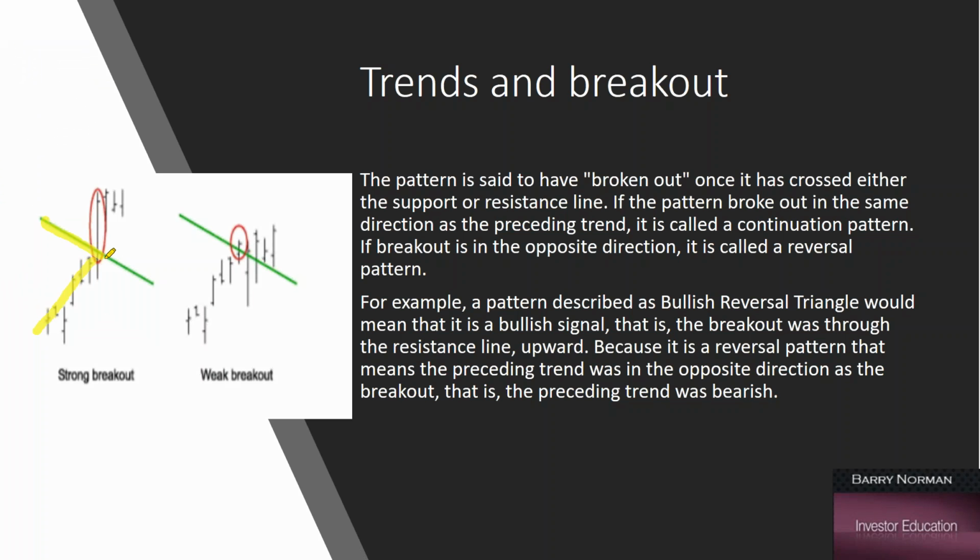This would have been the top of a triangle or say a channel, whichever pattern formed, and price gaps up and comes out. This is called a breakout, but it's also a very, very strong breakout. So you have to look at where price breaks out of that pattern that you're looking for. A weak breakout is not usually traded. We're only looking to make decisions based on a strong breakout.